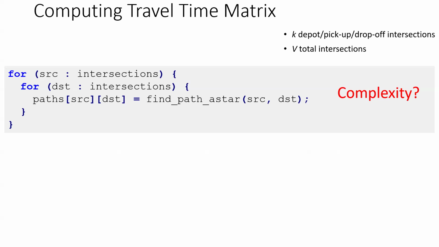V cubed? Yeah, we have a double for loop, but the double for loop is on the depots only. So the double for loop is K squared, and then we multiply that with the A star complexity, which is V log V.